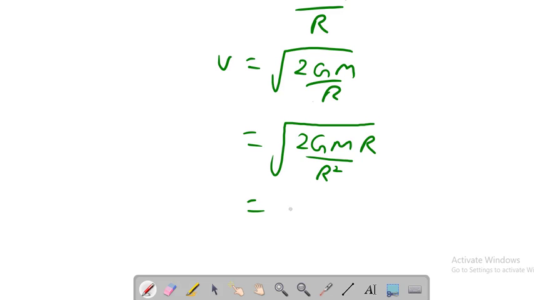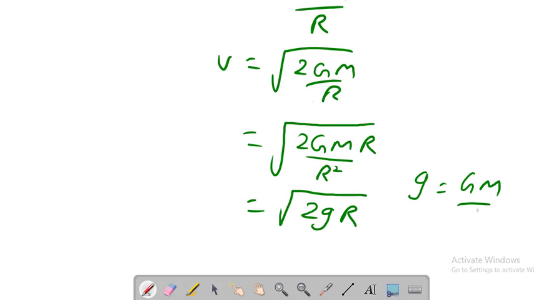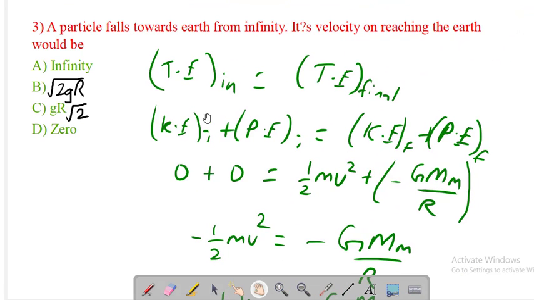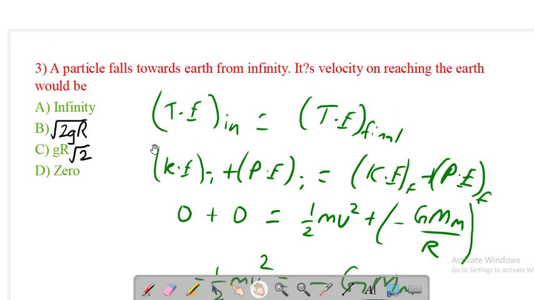So GM upon r square is small g, so we have g r, because small g is GM upon r square. So we get v is under root 2gr. This is the answer. So B is the answer, under root 2gr.